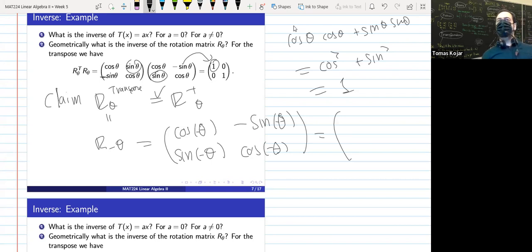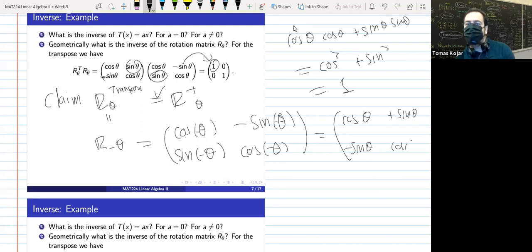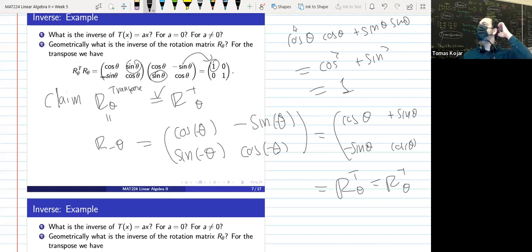Here or in the chat, what is it equal to? It's exactly cosine theta. Sine theta, you pick up a minus. So this is indeed just the r theta transpose, which was the inverse of r theta.